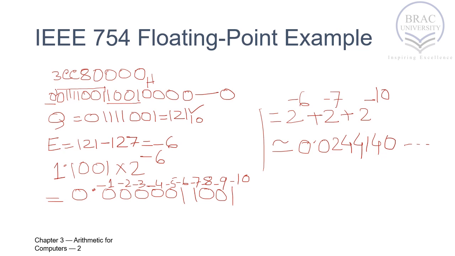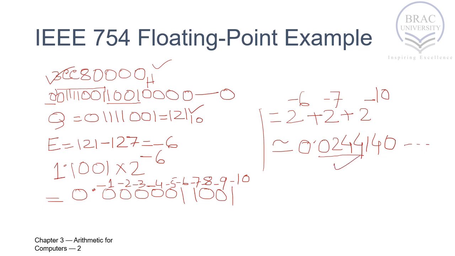So in short, we can say that this hex value is equivalent to, let's say, 0.0244 decimal value. Okay, so this hex value represents this decimal value.